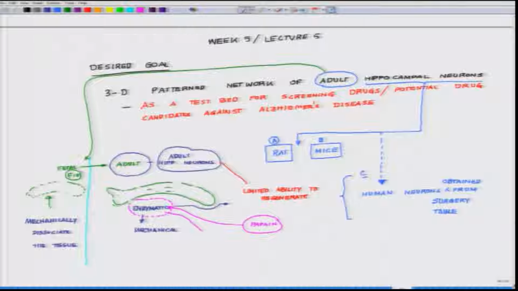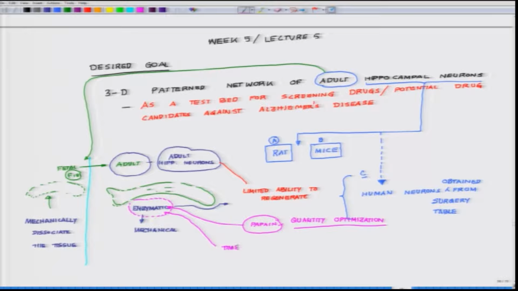Not only you have to optimize, so your first optimization comes here, quantity. Quantity optimization. Next thing which comes is time.